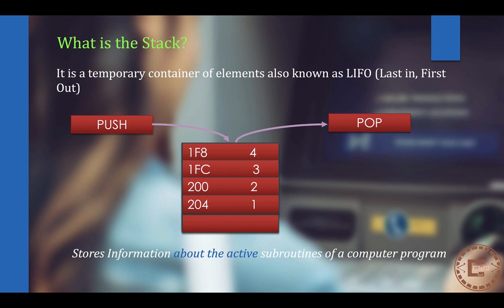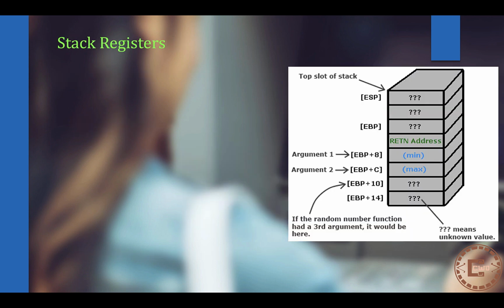Okay, so let's see this a little bit more in detail of the stack. So this is how the stack looks like. The ESP is a register in 32 bits that points to the top of the stack, which means where those values are being located.